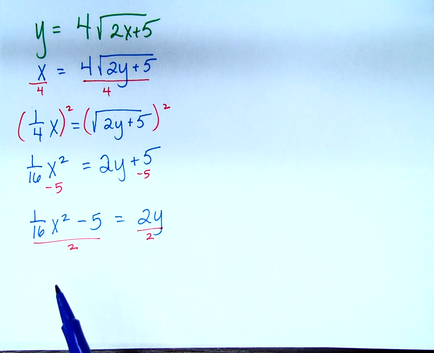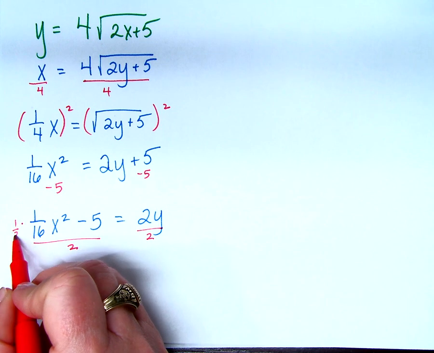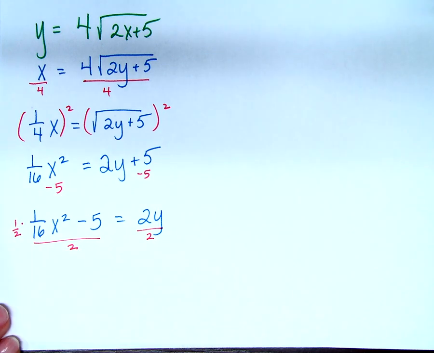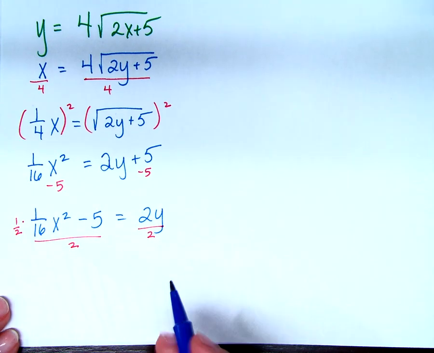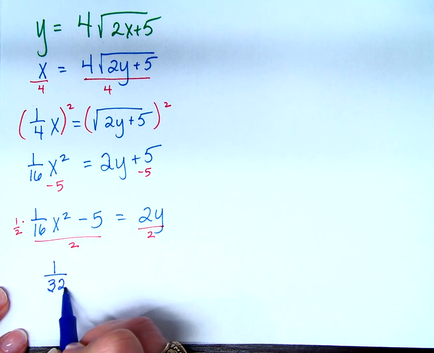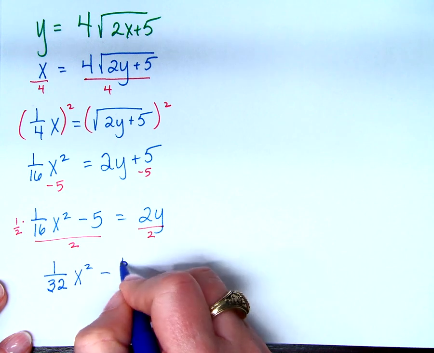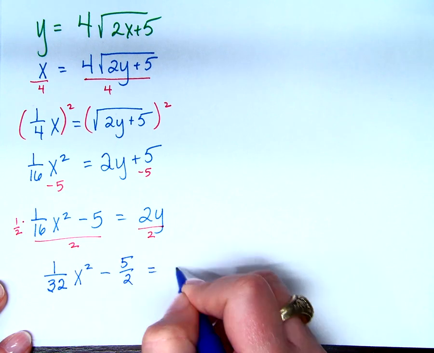But how can I divide 1/16 by 2? Isn't dividing by 2 the same as multiplying by 1/2? Okay. So if I multiply 1/16 by a half, what do I get? 1/32 x squared minus 5/2.